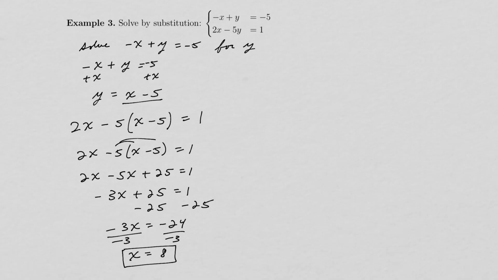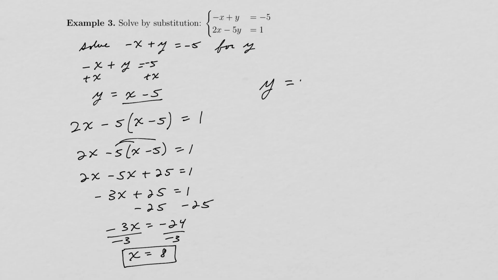Now, how do I go back and solve for y? Well, I can either plug it into one of these original equations, or even easier is the one I manipulated, because remember, this one, I already solved it for y. I've already isolated the y. So this is the easiest one. This is just the first equation that I rearranged. So I'm going to go back to that first equation and solve for y.